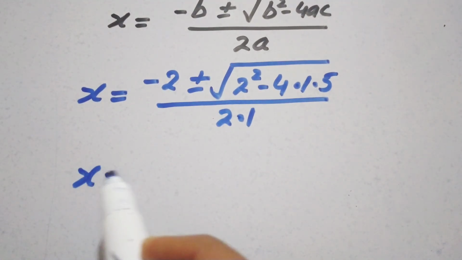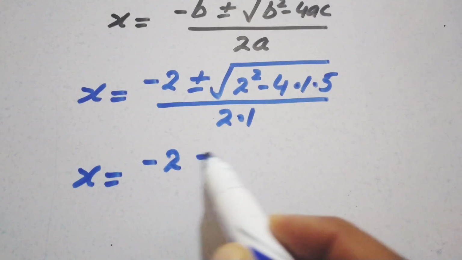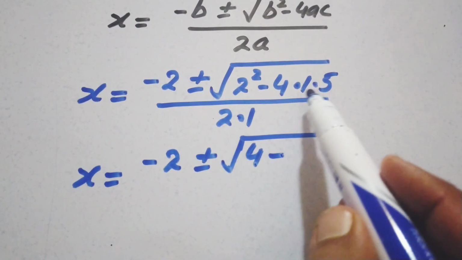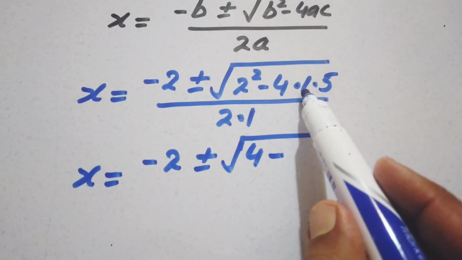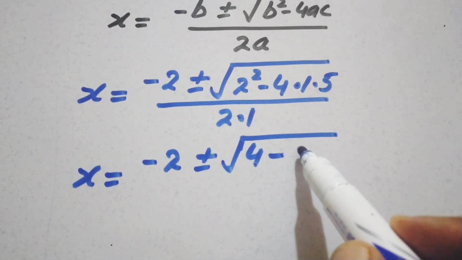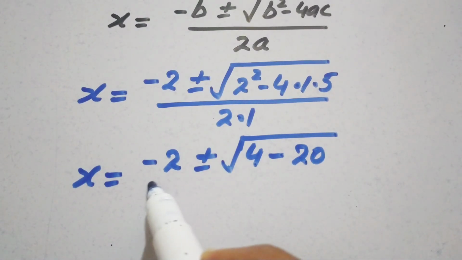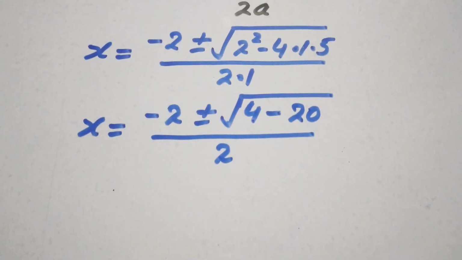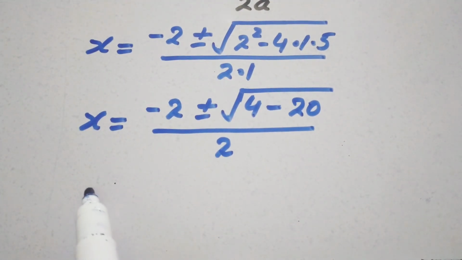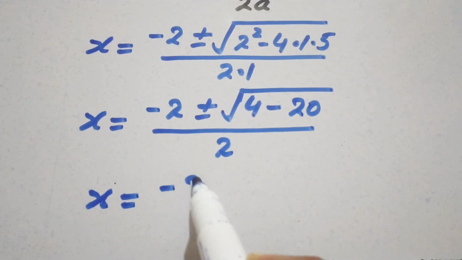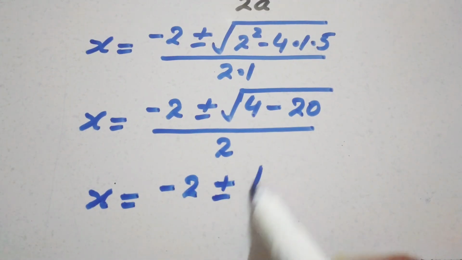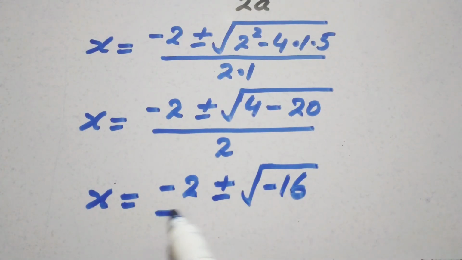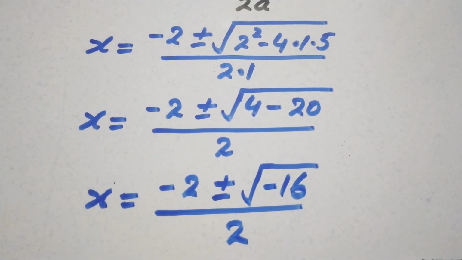Now x is equal to negative 2 plus minus square root of 2 squared, which gives us 4, minus 4 multiplied by 1, 4, and 4 multiplied by 5, 20, divided by 2 multiplied by 1, which gives us 2.